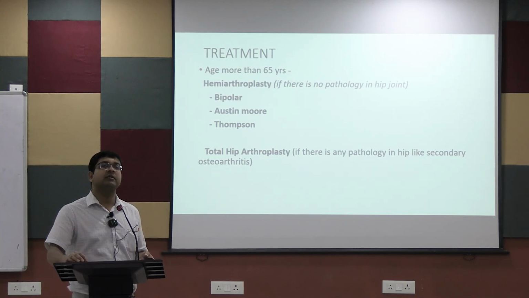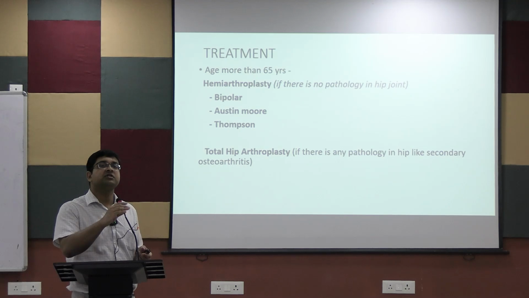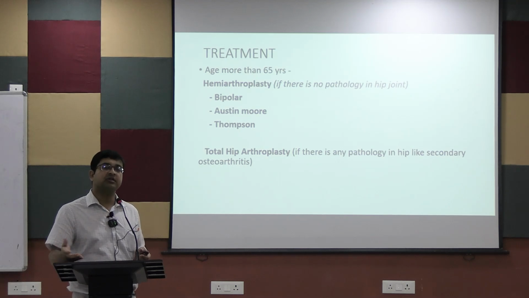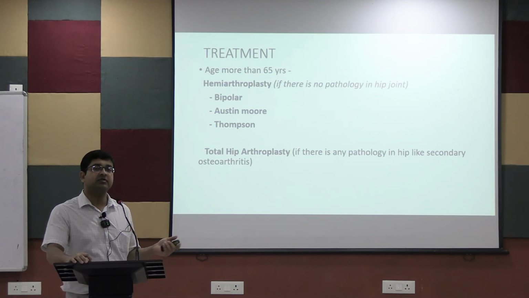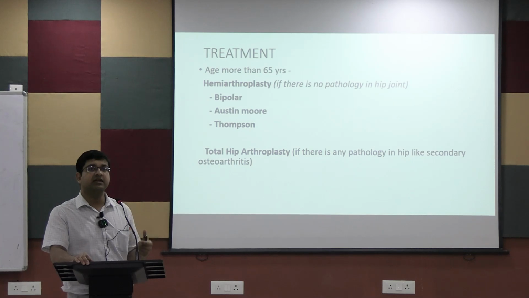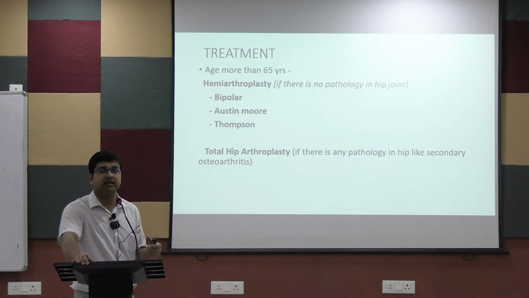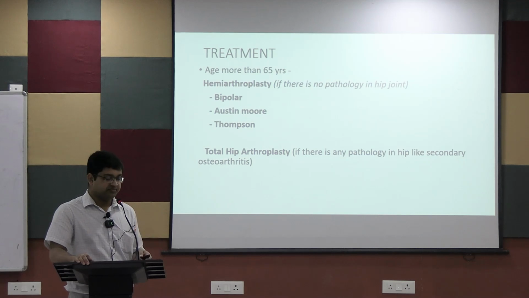The fracture undergoes avascular necrosis, and avascular necrosis of the femoral head leads to osteoarthritis of the hip joint, and this is known as post-traumatic secondary osteoarthritis. It is not primary osteoarthritis. Post-traumatic means after trauma. It occurs due to a trauma, so it is secondary osteoarthritis.